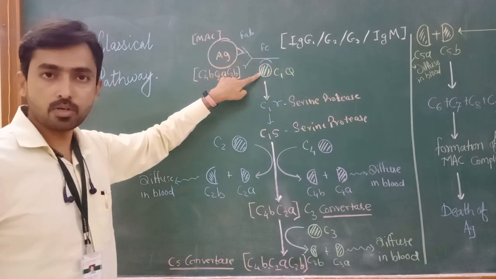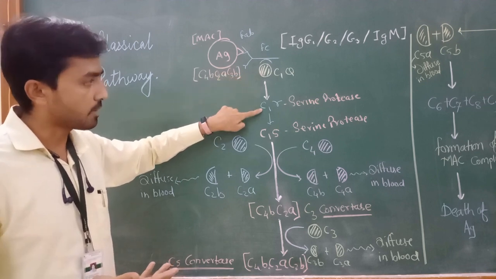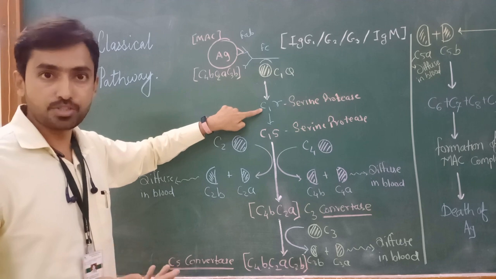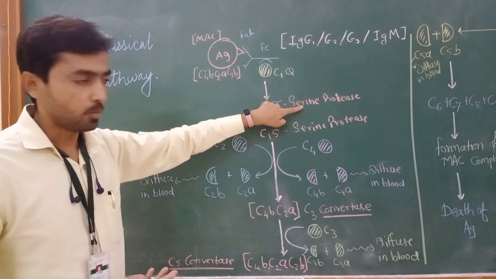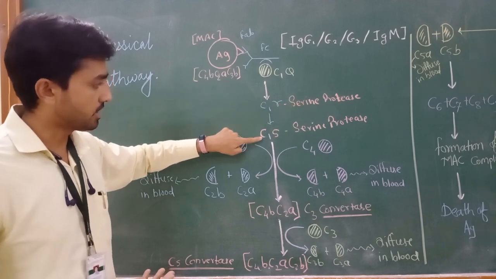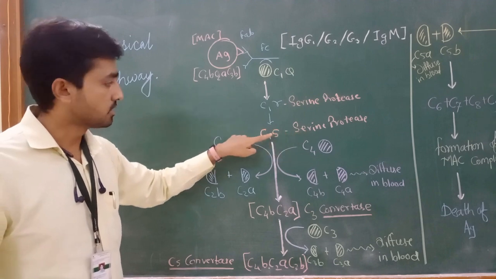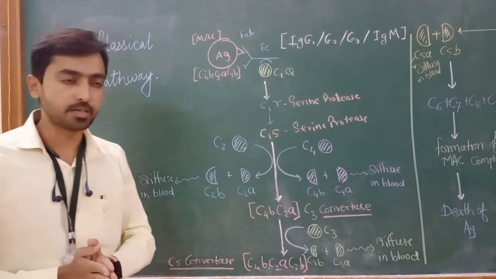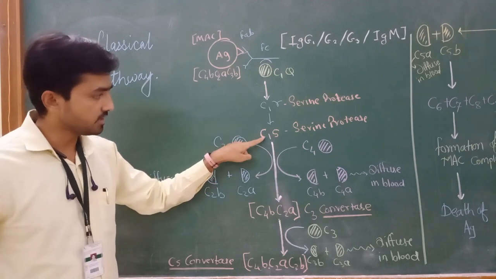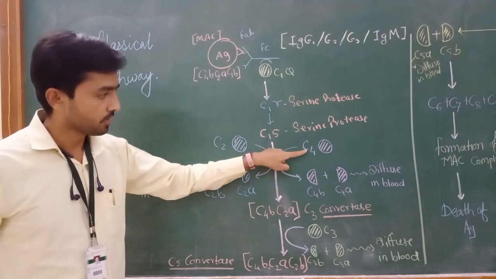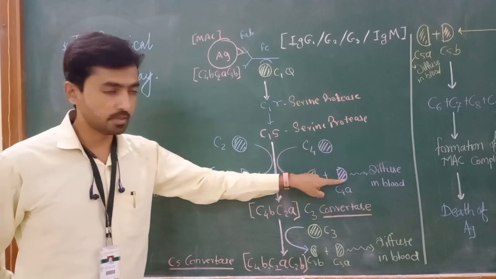After binding, the C1q protein gets activated and then it activates the C1r protein by hydrolytic cleavage. C1r protein is nothing but a serine protease enzyme which finally activates the C1s protein, which also functions as a serine protease enzyme. The C1s protein has two substrates, mainly C4 protein and C2 protein. C1s cleaves the C4 complement protein into two parts, C4b and C4a.